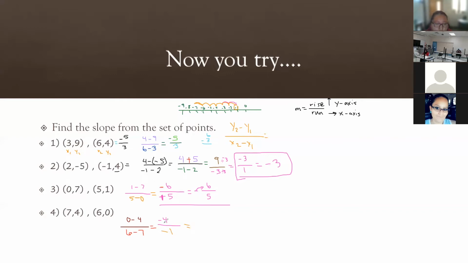Since it's negative 4 over negative 1, this can actually go to a negative 4. See if we do this one as a negative 1. Negative 1. The positive.